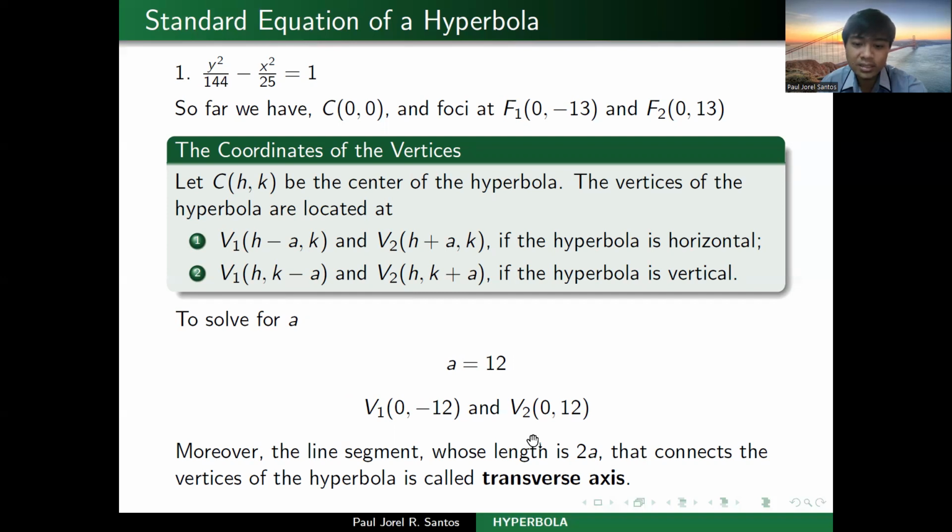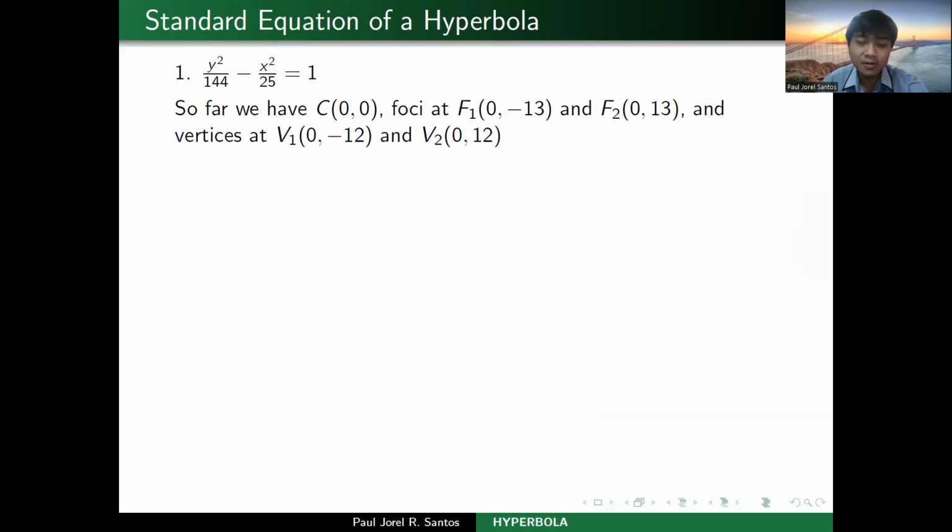Moreover, the line segment whose length is 2a that connects the vertices of the hyperbola is called the transverse axis. Meaning, if we connect these two vertices, we call it the transverse axis. Now let us find the endpoints of the conjugate axis.